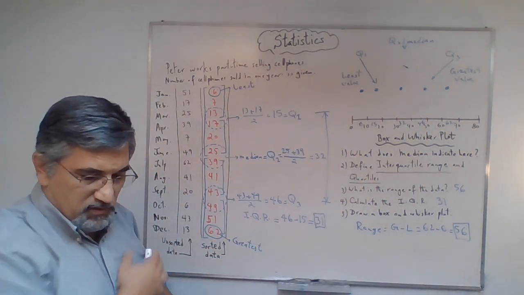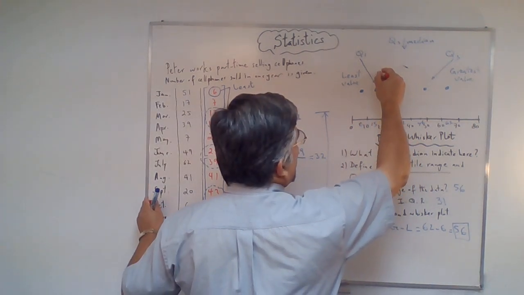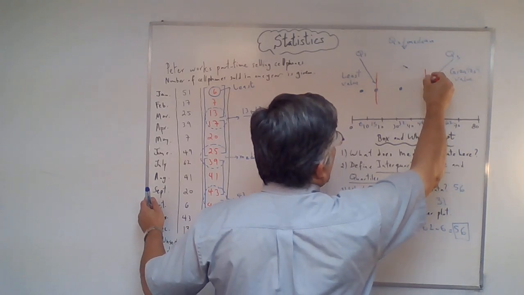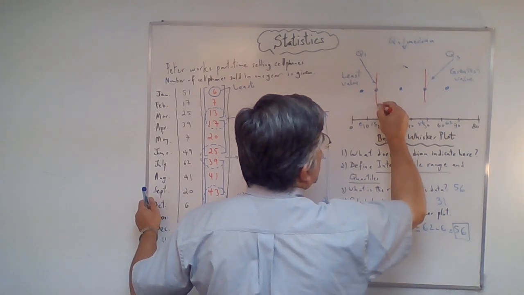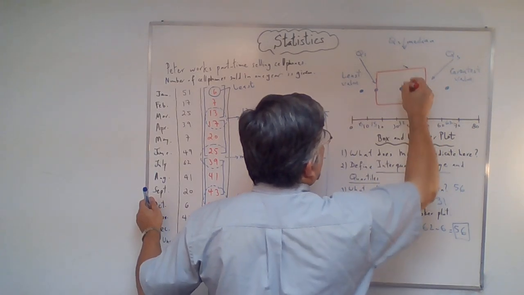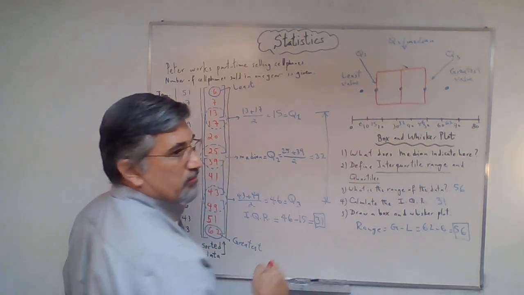Okay, now it's time for me to draw the box. So the box is drawn from Q1, okay, Q1 up to Q3. So we draw a box just like that. Okay, and the median is here. It's at 32, by the way.